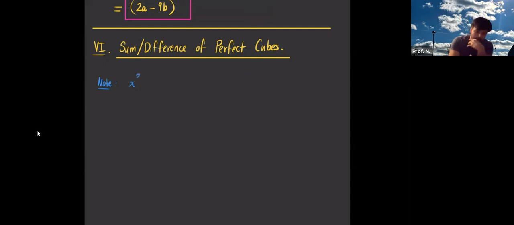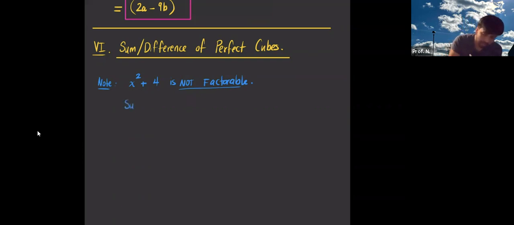For example, x squared plus 4 is not factorable. You can't multiply two of anything that gives me x squared plus 4. So the sum of perfect squares is not factorable.